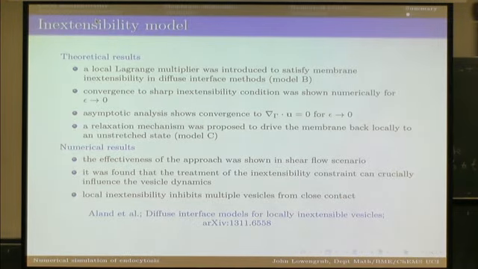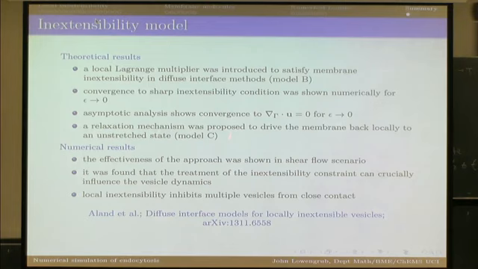And so to summarize, basically what we did is we had to develop a method for dealing with local inextensibility in a diffuse interface context. So again, how are you converting surface information, information along the surface, into a phase field method, which usually only accounts for normal variations?